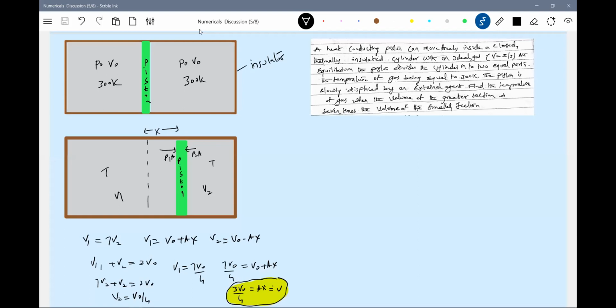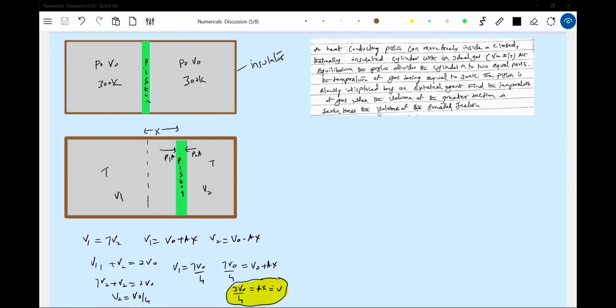What process will the gas primarily undergo in each part? Adiabatic, isothermal it is. Temperature of the gas remains constant.